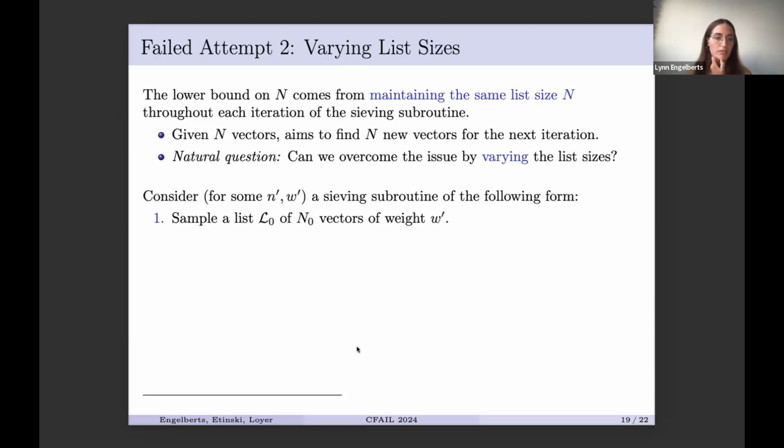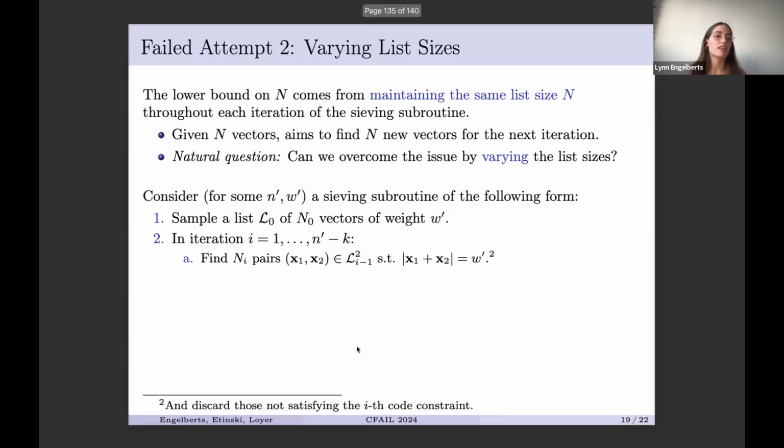We leave it free. And then in the next iteration, what we do is we find capital Ni pairs whose sum has Hamming weight W prime. And of course, we discard those not satisfying the ith code constraint, but we can ignore this for now.